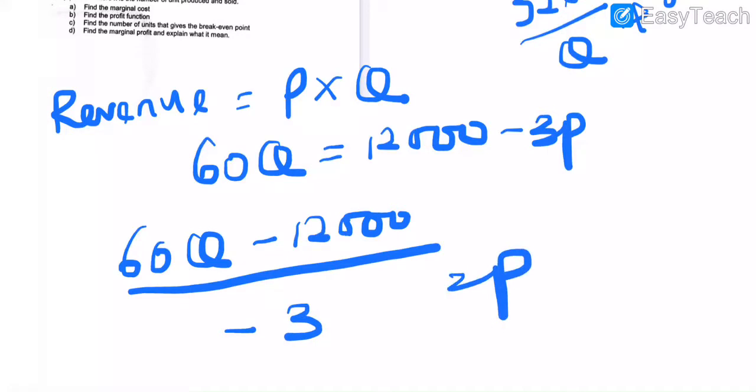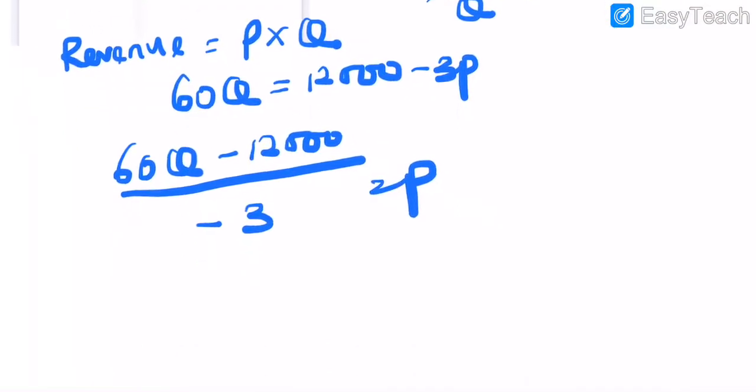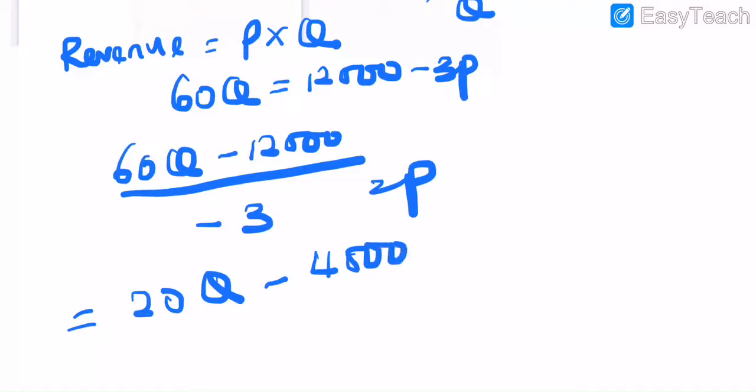Okay, so from here I believe that you know how to make it, right? So 20q minus 4,000, so equals p. So this is your price function.